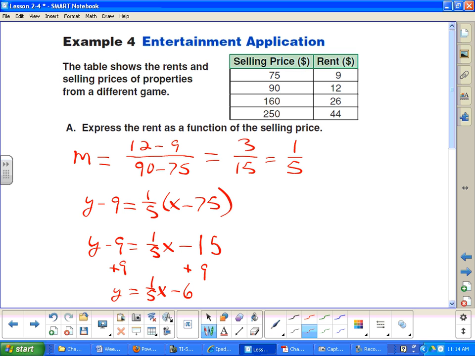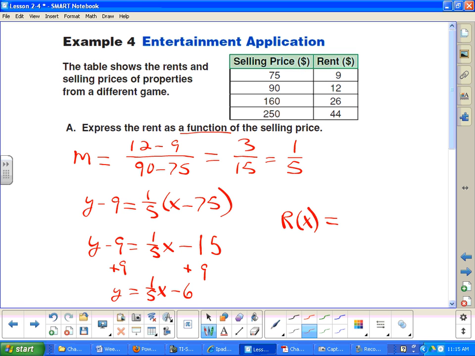And so I'm actually going to write this as a function because it says express the rent as a function. So I'm going to use r to represent what? Rent. Okay, because we want to know the rent is a function of the selling price.